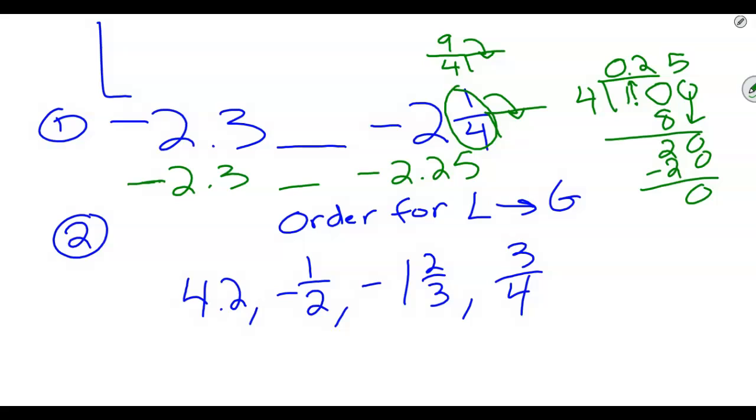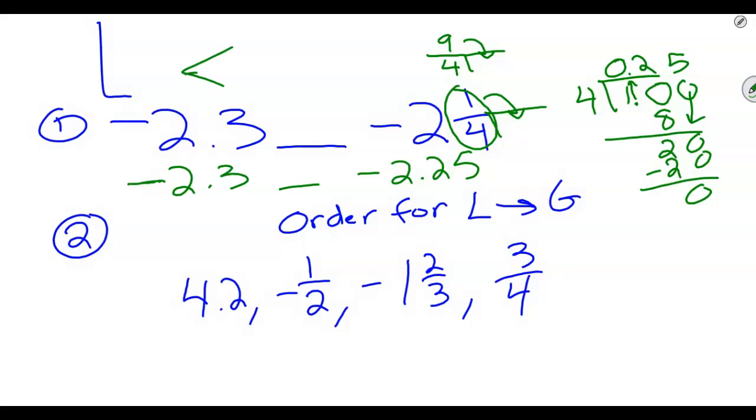Would you rather owe someone $2.30, or would you rather owe someone $2.25? Mark? Good. I'd rather owe someone $2.25 because that's closer to 0 of me owing that person no money. So it means it's closer to 0.